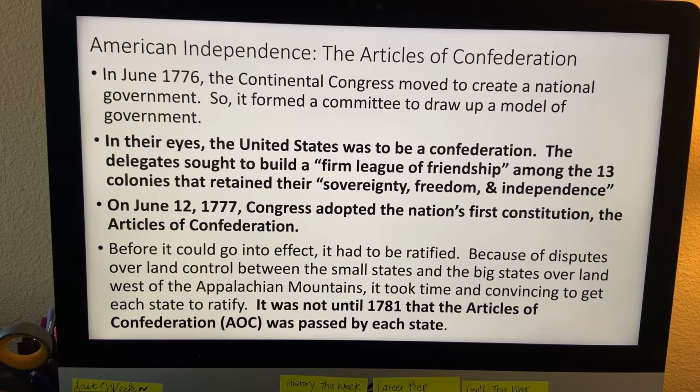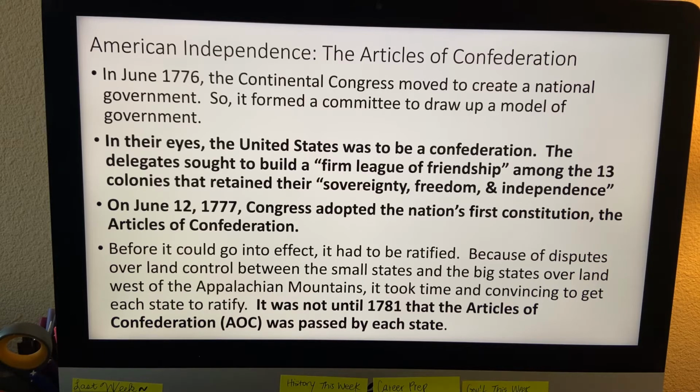On June 12th, 1777, Congress adopts the nation's first constitution, which is the Articles of Confederation. Now, before it can go into effect, it has to be ratified. And there's this big event in 1777 going on in the US, and that is the Revolutionary War. So, the war effort really kind of hinders adoption.